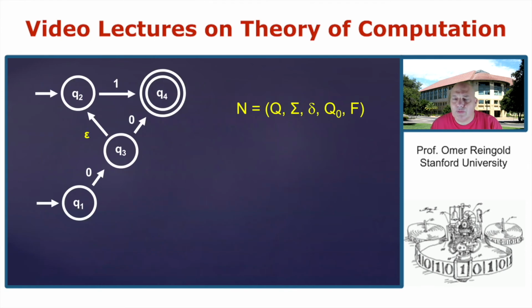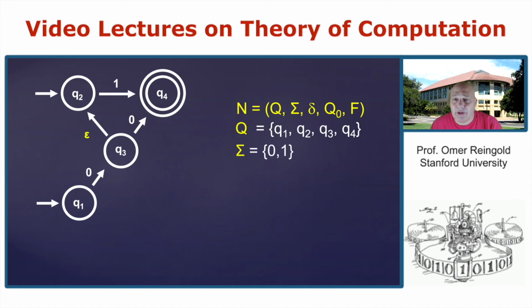Again, let's formalize this notion, and we'll do it once in lecture for an NFA. So here is the NFA that we had before. The set of states is Q1, Q2, Q3, Q4. This is the limit of what we can squeeze into the slide. Sigma is 0, 1.